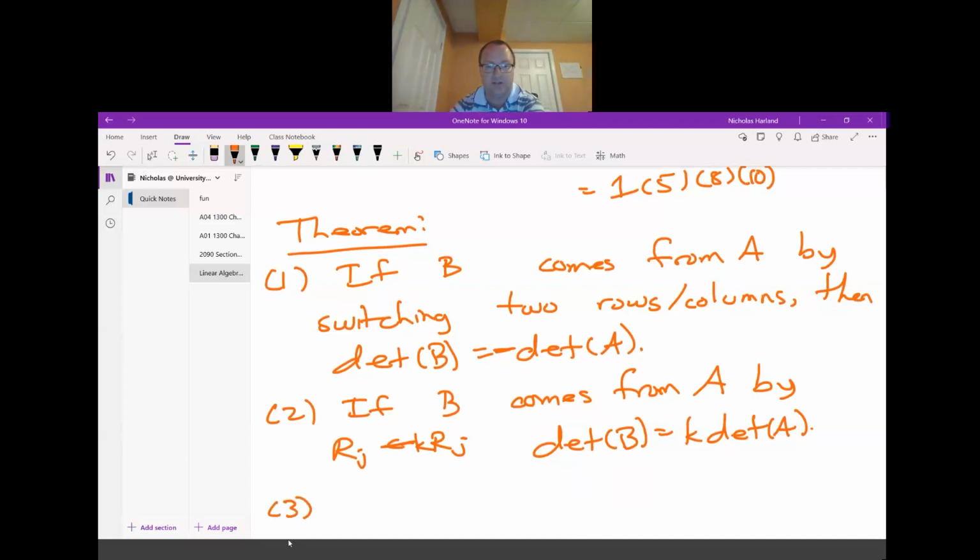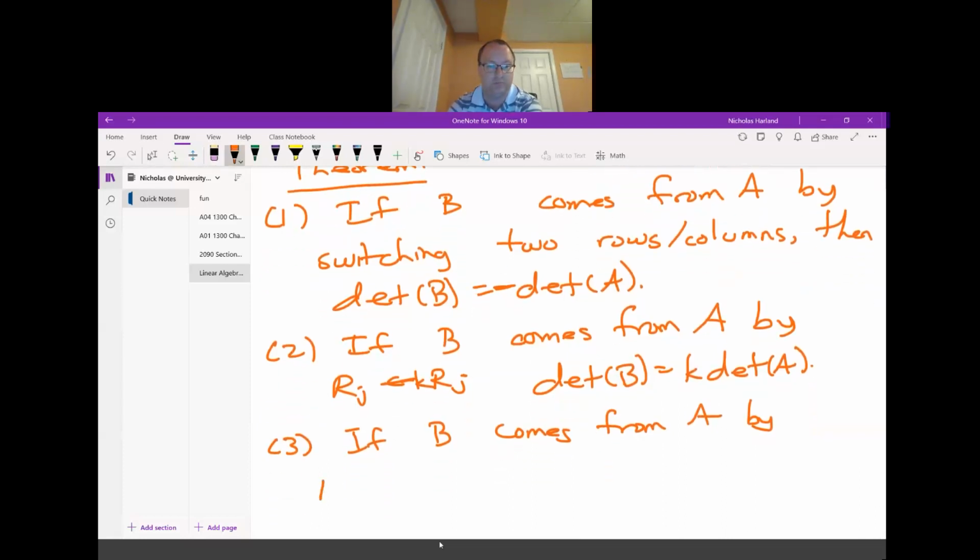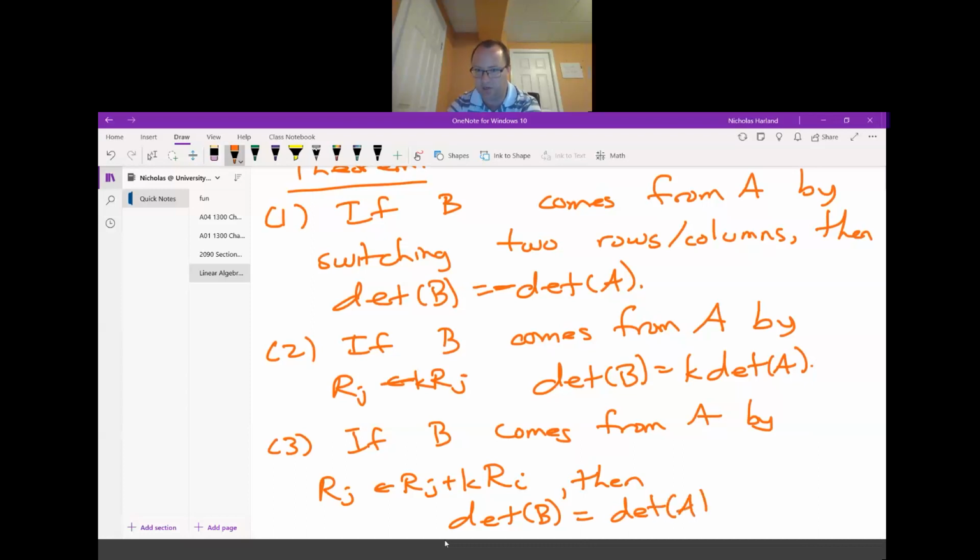And the last one is the weirdest. If B comes from A by adding a multiple of a row to another, then the determinant of B is equal to the determinant of A, and the determinant does not change.